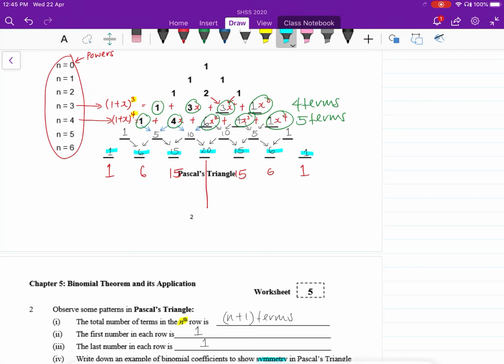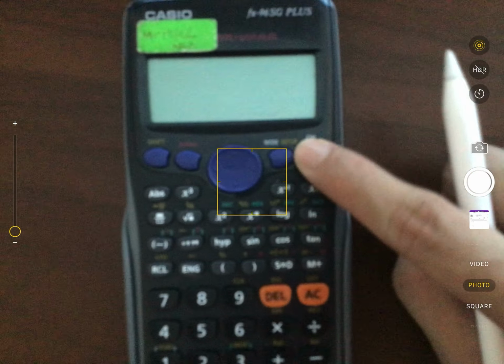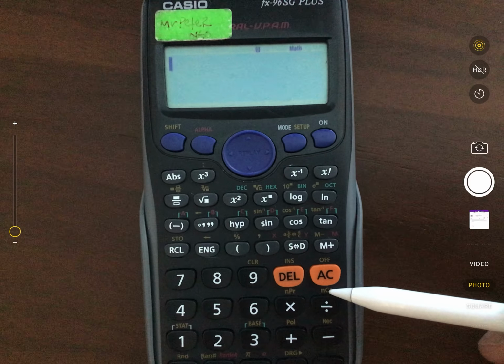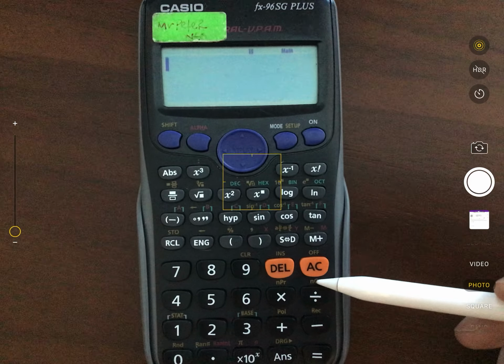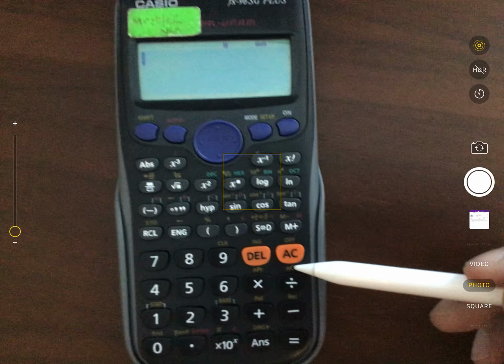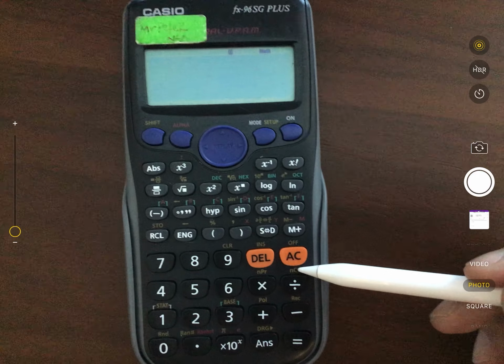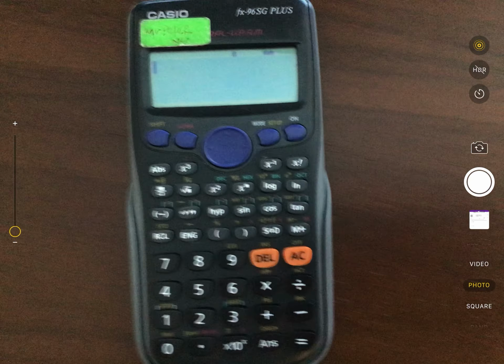I'm going to switch over to the camera. Now on your calculator, you'll be able to see this C button above the divide. Okay, we'll be using this quite a bit in the next lesson, next week. Okay, but in order to get the numbers that we see just now, we need to use this C button. Let us see how we can use it.